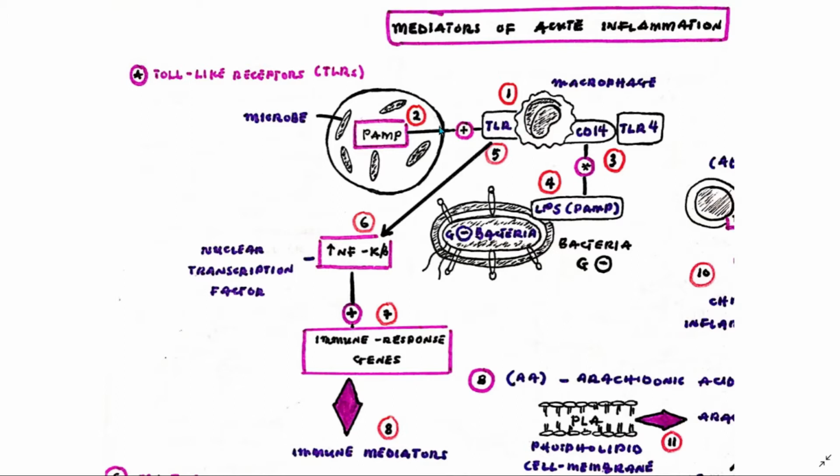Now, TLR activation is going to result in upregulation of NF-kappa B, or NFKB, which is a nuclear transcription factor. The function of NFKB is to activate immune response genes, which leads to the production of multiple immune mediators.